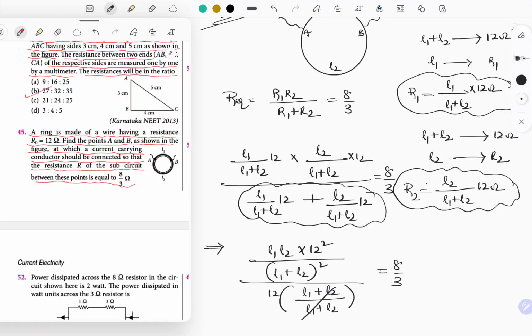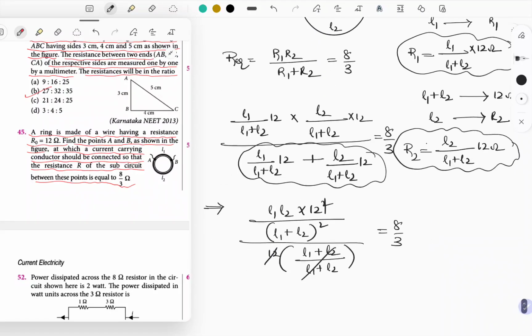This L1 plus L2 will get cancelled out, and 12 also will get cancelled out. Now I'm left with L1 L2 by L1 plus L2 whole square, which is equal to 8 by 3 into 12.